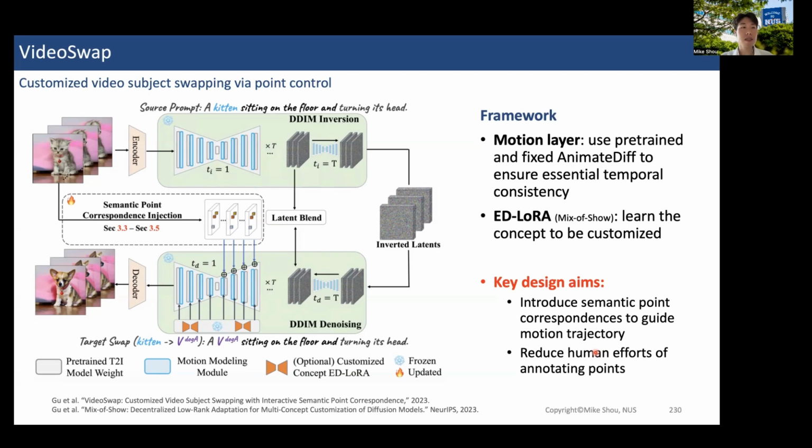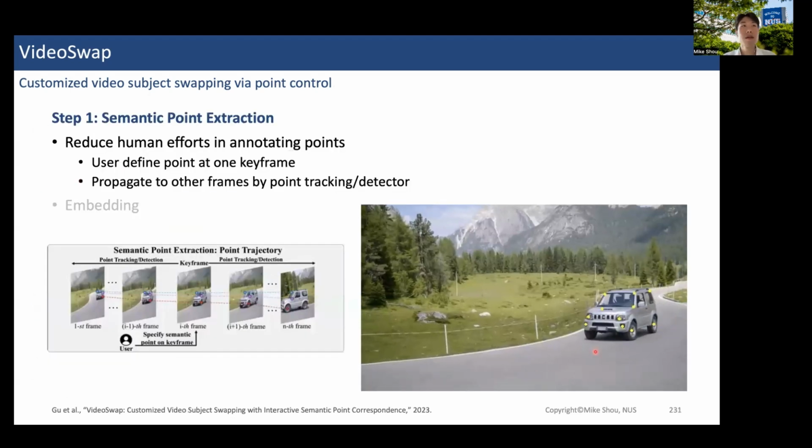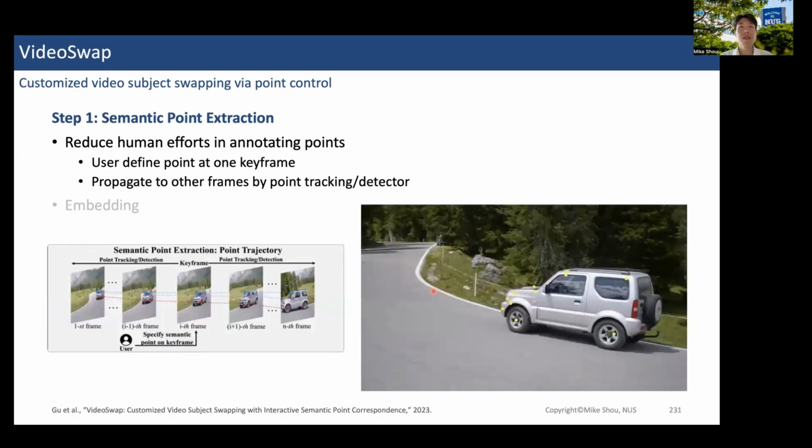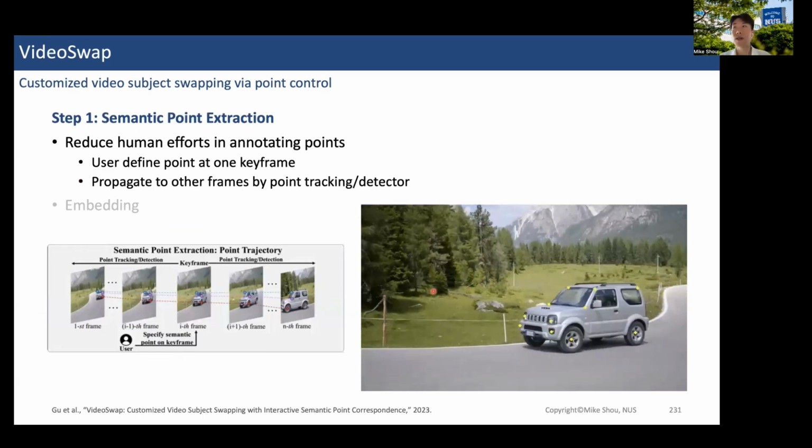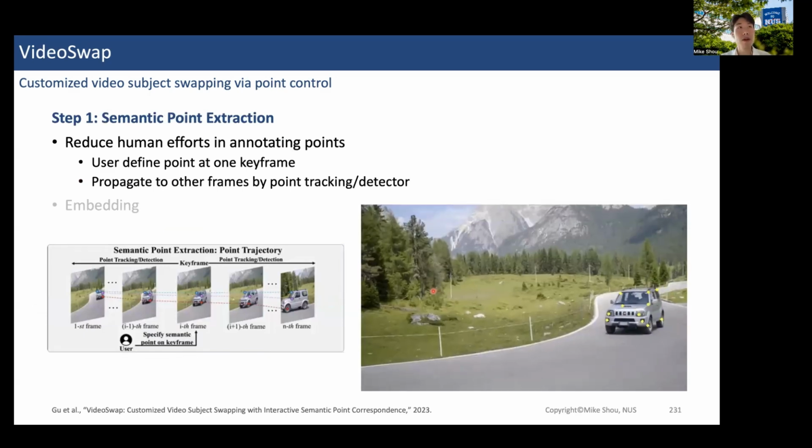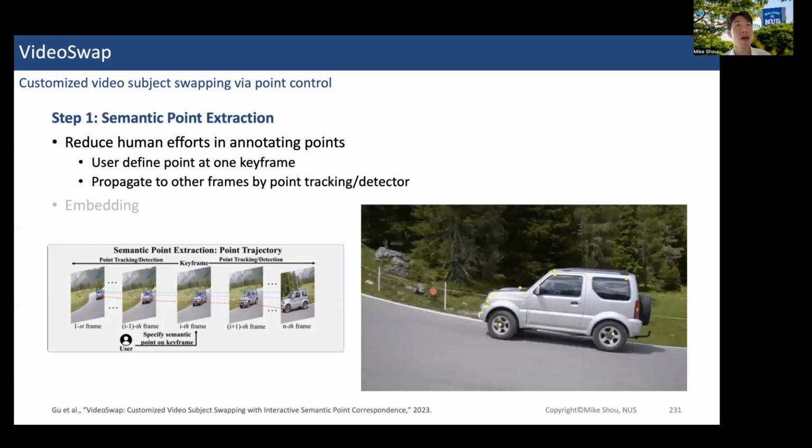But unlike in the toy experiments where we asked human annotators to indicate the semantic points over all frames, we know this is a very labor-intensive process. So we wanted to reduce these human efforts of annotating points. So this comes to our methodology of doing point control.